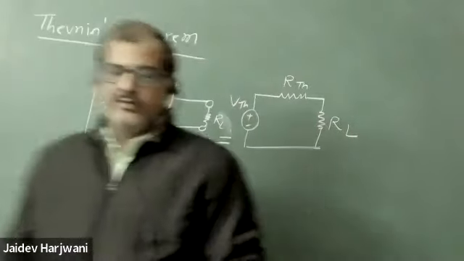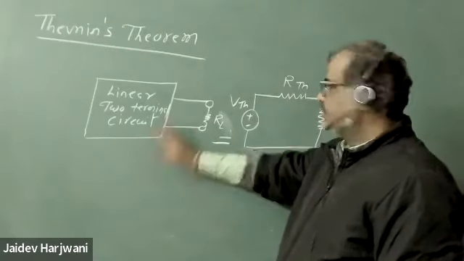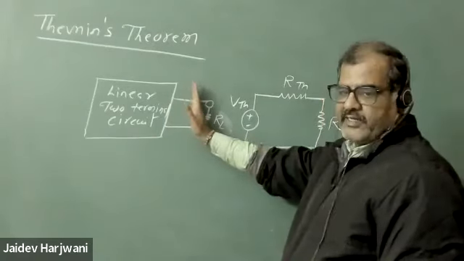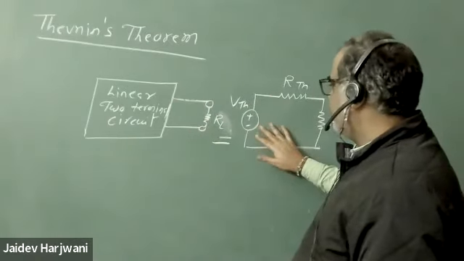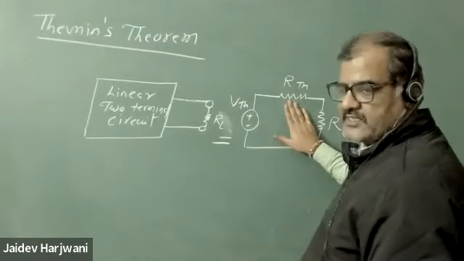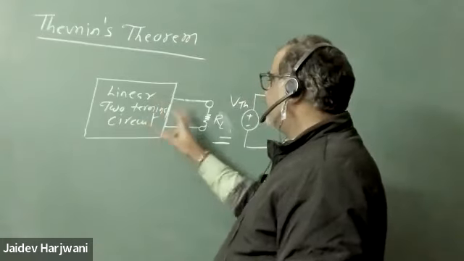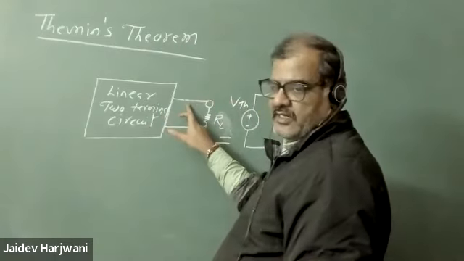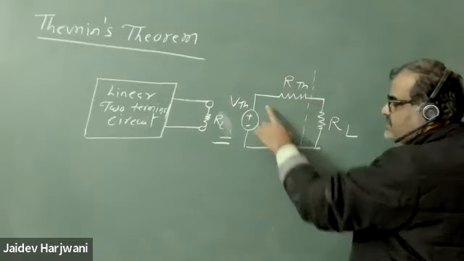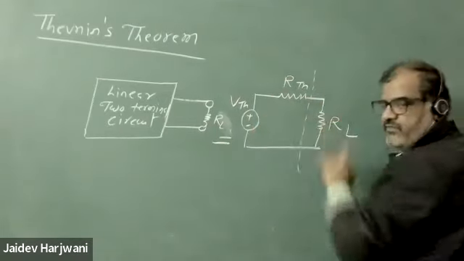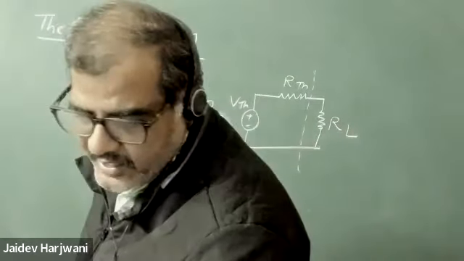Now Thevenin's theorem says that you can replace this complicated circuit with this simple circuit, which consists of a voltage source and a resistance in series. So if this circuit is giving some voltage and some current here, and this simple circuit is also giving the same current and same voltage across the load, then these two circuits are equivalent.